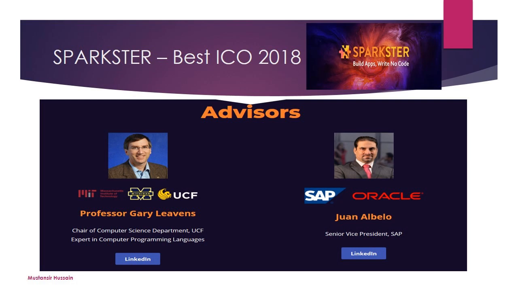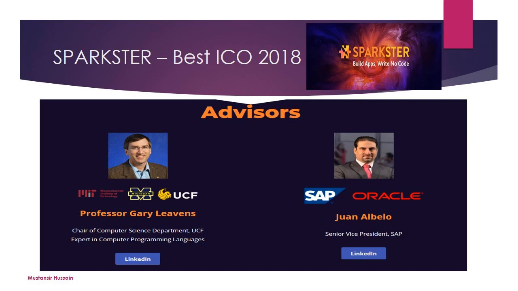But if we look at them, for example, Professor Gary Levins, definitely he has experience with the best institutes in the world. There's the MIT and the UCF, where he is chair of the computer science department. And then we have Julian Albelo, who has worked as senior vice president of SAP.